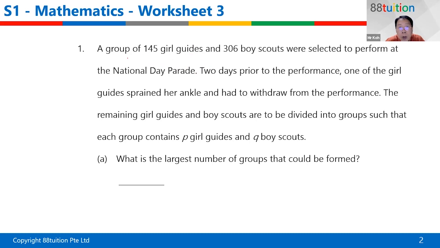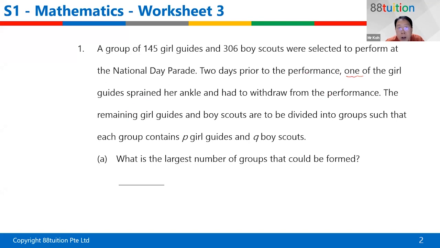So there is a group of 145 Girl Guides and 306 Boy Scouts selected to perform at the National Day Parade. 2 days prior to the performance, one of the Girl Guides sprained her ankle and had to withdraw.